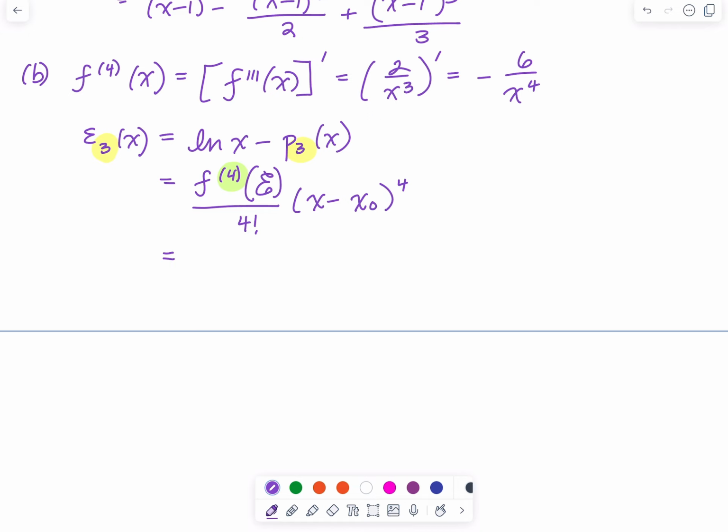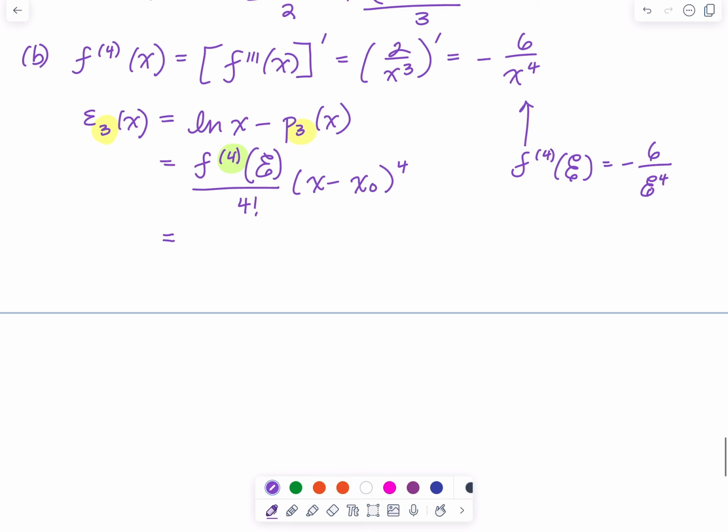So we have the fourth derivative here evaluated at xi is equal to negative 6 divided by xi to the fourth power. Okay, so let's go ahead and put that in there.